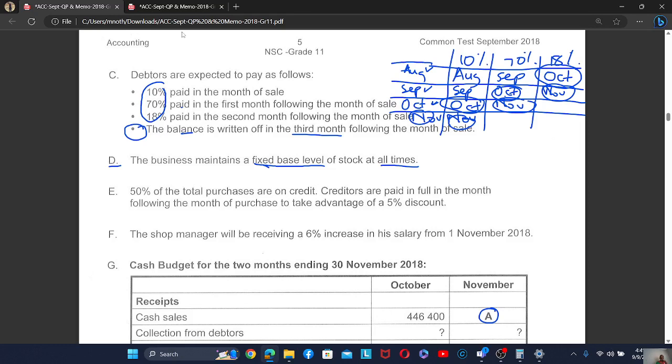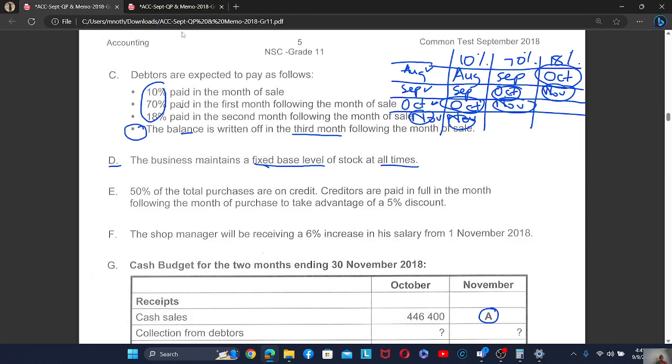So if they sell 10,000 of stock in January, they're going to buy 10,000 of stock in that same month. But when the business is buying that trading stock, it buys it at the cost price, not at the selling price, meaning you need to use the amount of the cost of sales, not the sales.